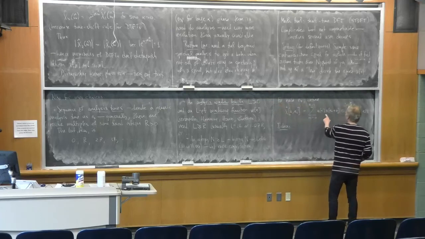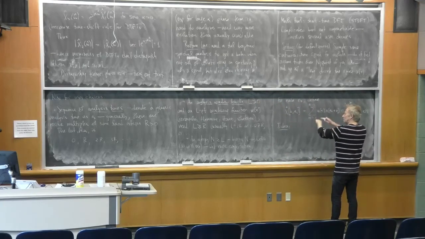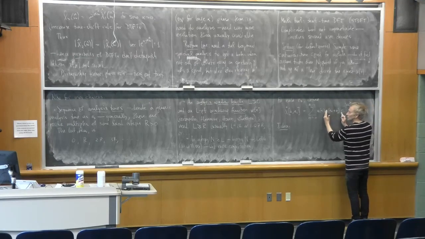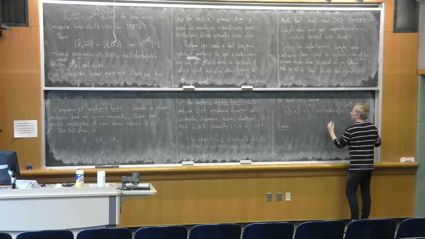If I take the windowing function w of n, remember that's an L-point signal, that's a rectangle, and you might as well think of it as a rectangular window. It could be a Hamming or Hann window. And you multiply it by x of n_s plus n. What does that give you? That gives you the values of x of n between times n_s and n_s plus L minus 1 inclusive. And after that, it gives you zeros.